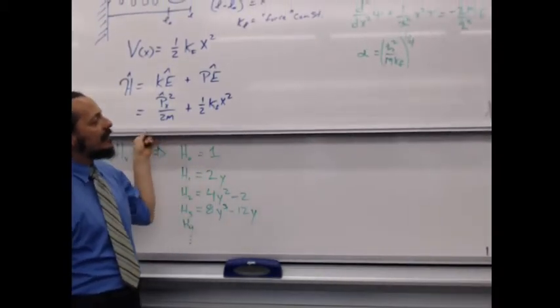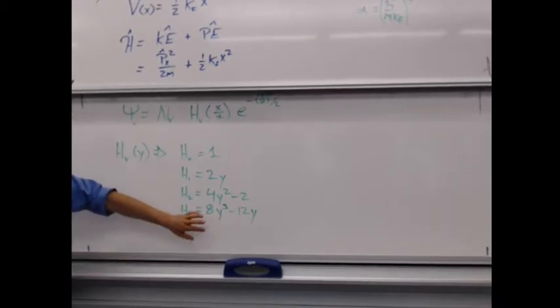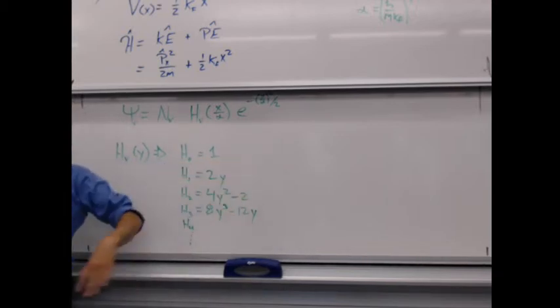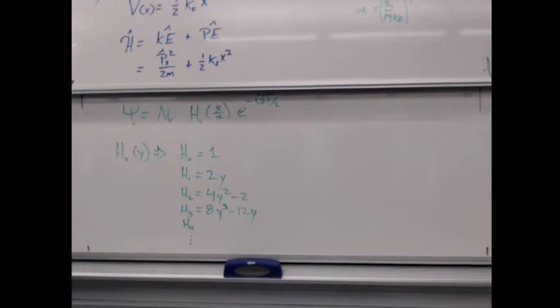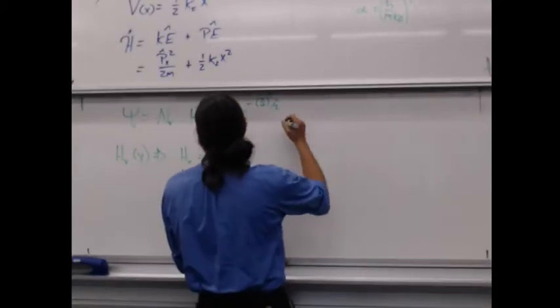The way that these are figured out is by doing a series expansion and then solving for the different coefficients that are needed in front of your y to the 0, your y to the 1, your y to the 2. We could go through that, but what's more interesting to us is to see how we can use this information to talk about the motion that results and the probability of it.